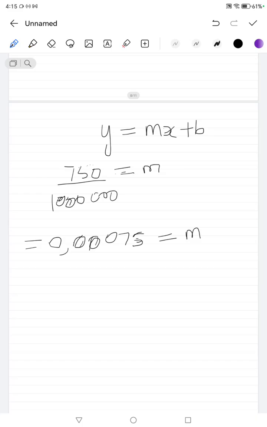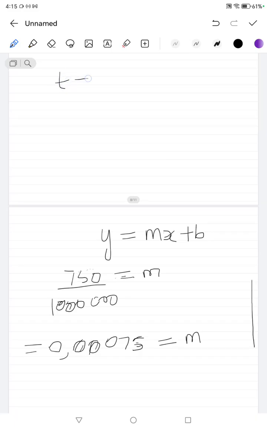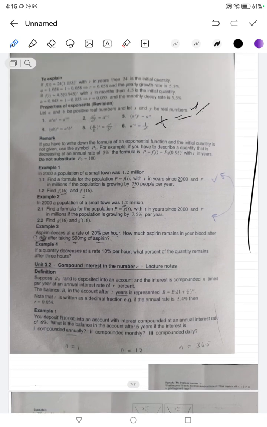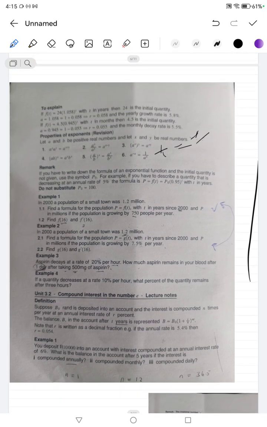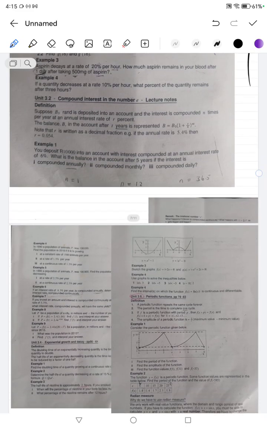That would be your m. What else is given? They've given you the t of 0, which is your reference here. Actually, these ones are supposed to be the ones that give us our point.